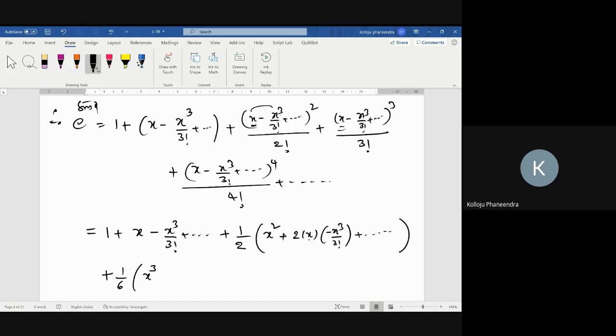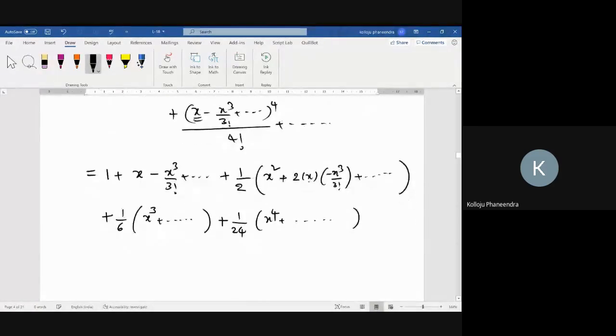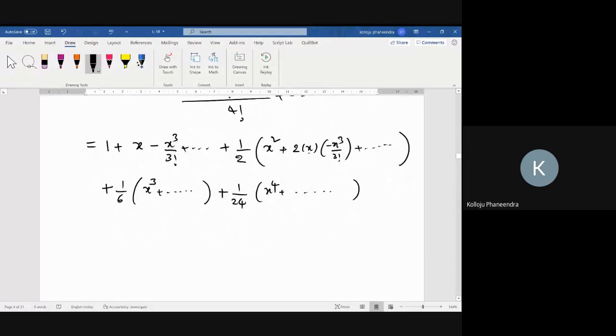Next, 3ab square is also not required, and 3a square b is also not required. All other terms are of degree more than 4, so neglected. And in the last one, 1 by 24, only x power 4 is required. All others are neglected, since the series is truncated up to x power 4.